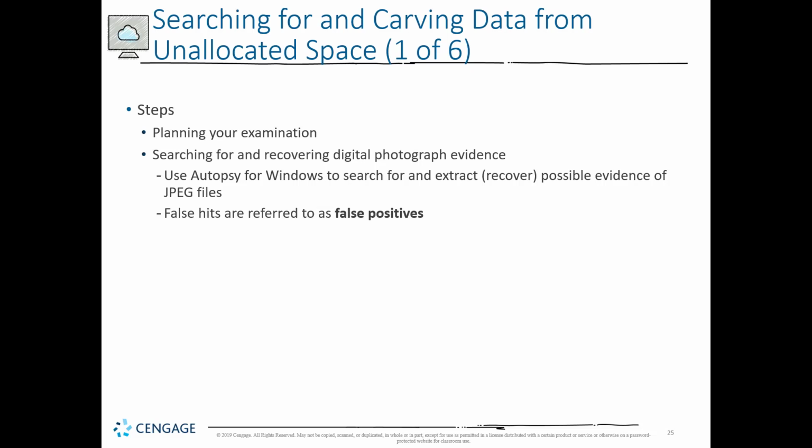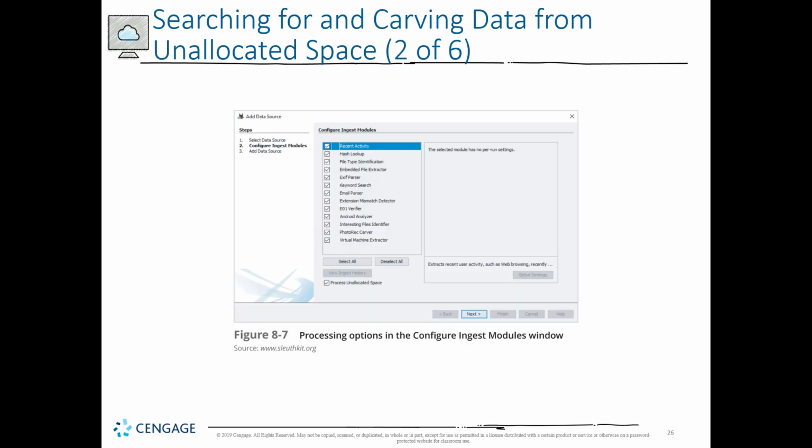False hits are referred to as false positives, and you would review them and then discard them if they're not relevant. Here are the process options for configuring the ingest module in Autopsy.